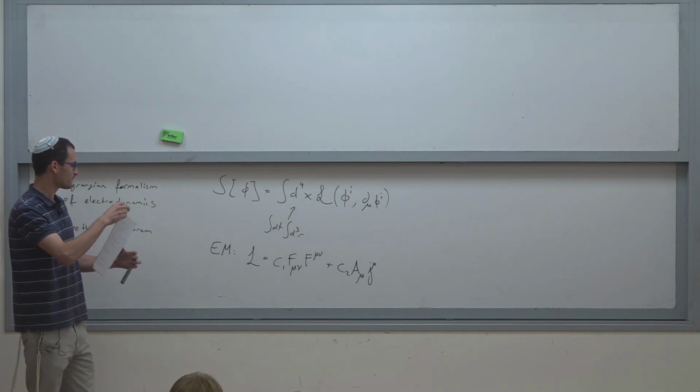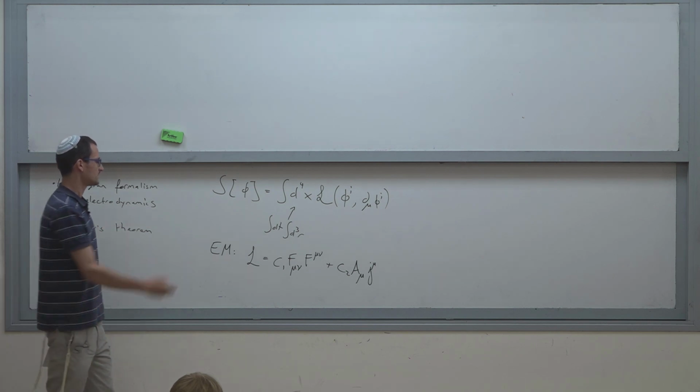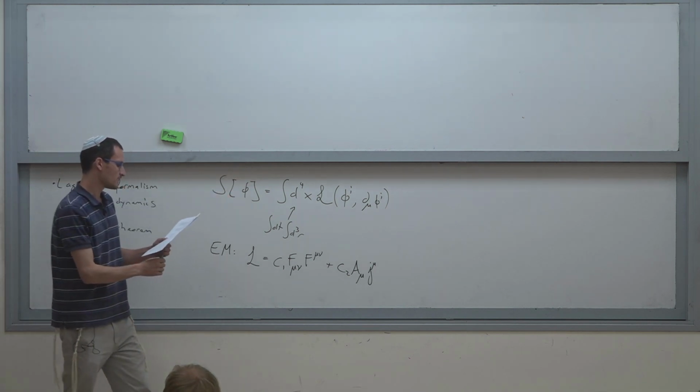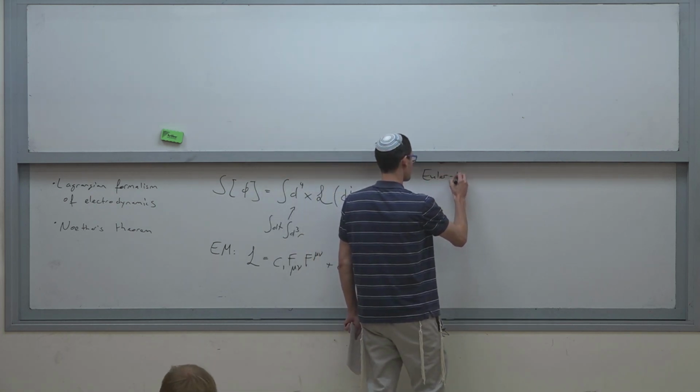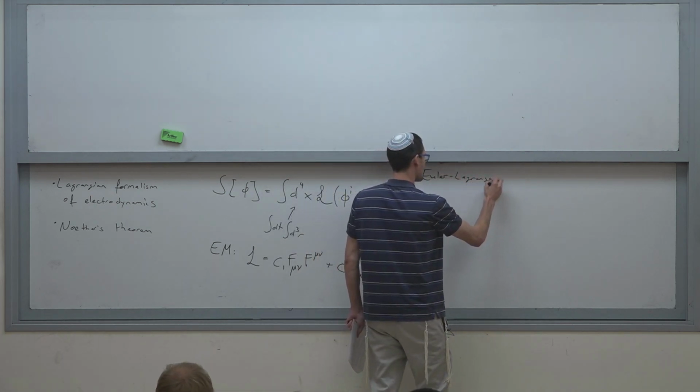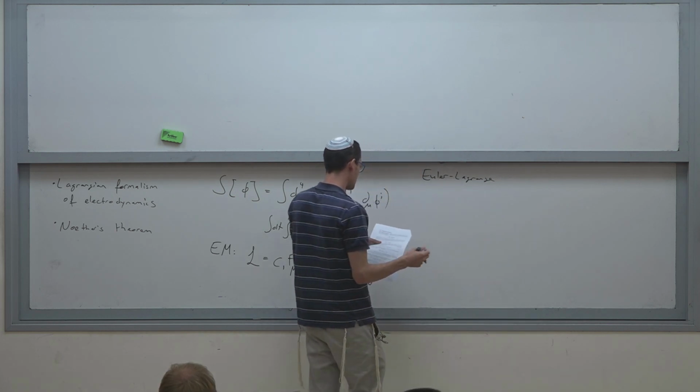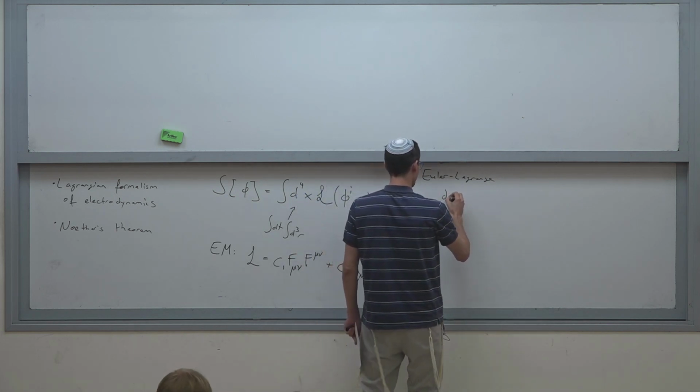Well, if you have an action or a Lagrangian density, then you can use the Euler-Lagrange equations, and from the Lagrangian derive the equations of motion.